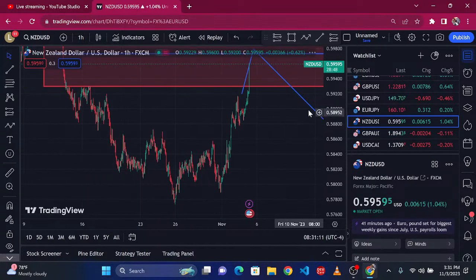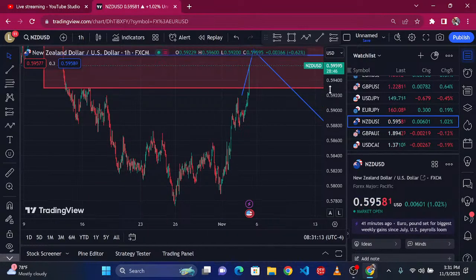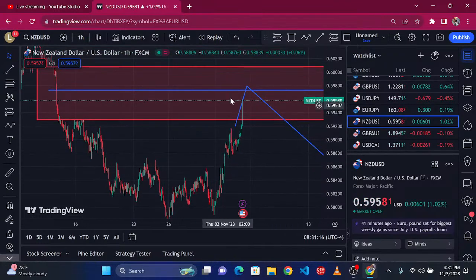Then this one, NZDUSD, is moving on our setup. I'm hoping NZDUSD reaches this level.